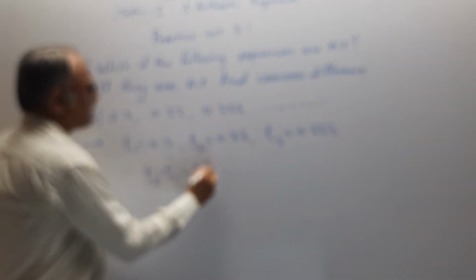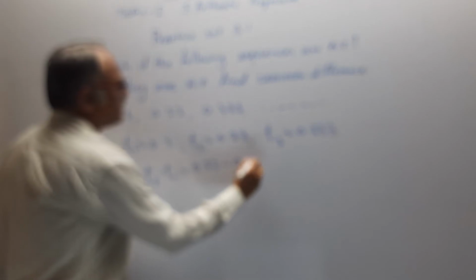What is T1? 0.3, T2 is 0.33, T3 is 0.333. Then find T2 minus T1. 0.33 minus 0.3.